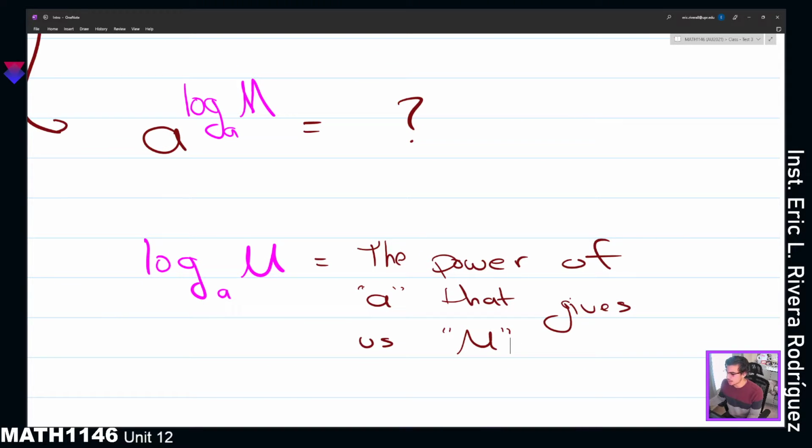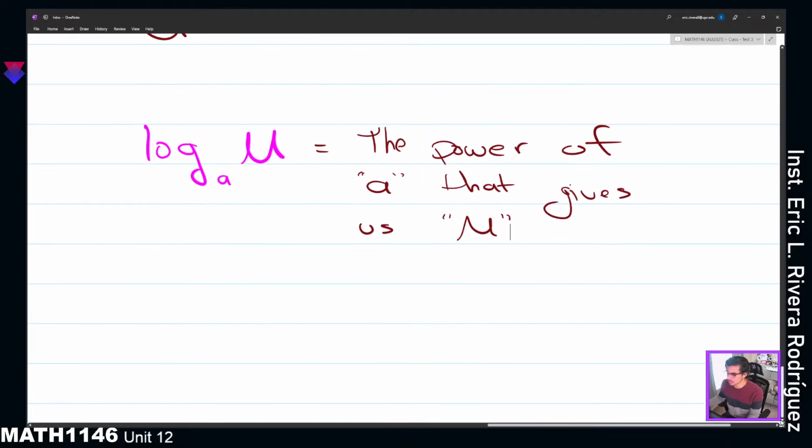Okay, since we are working with variables, we don't have an exact value here. So what I'm going to do is use a variable to represent the power of a that gives m.